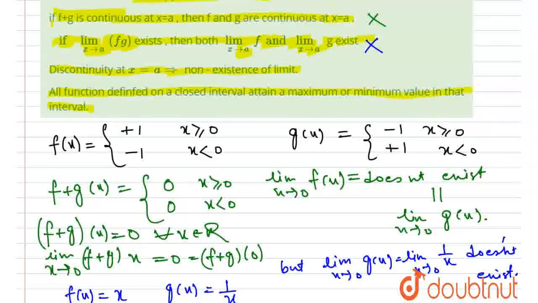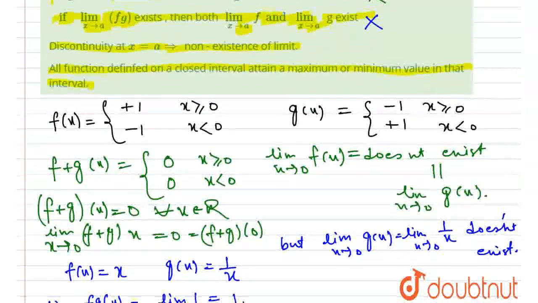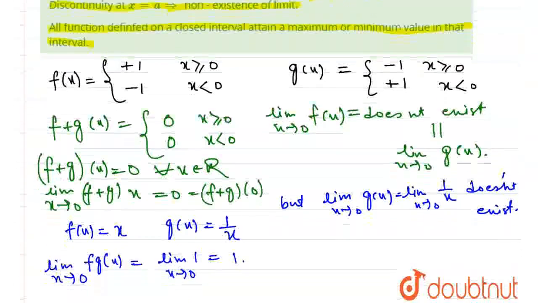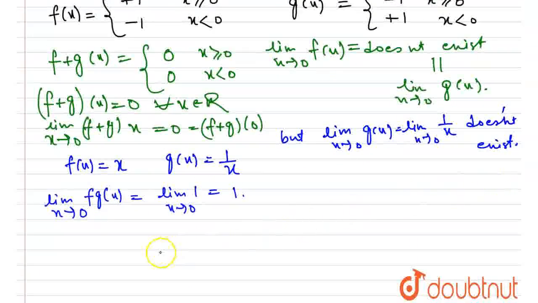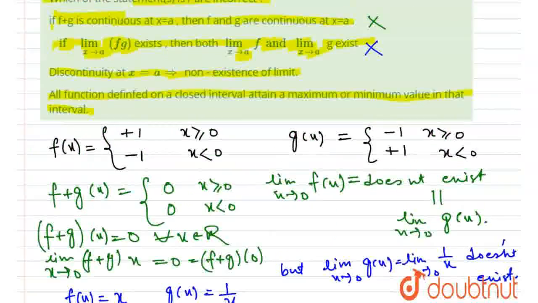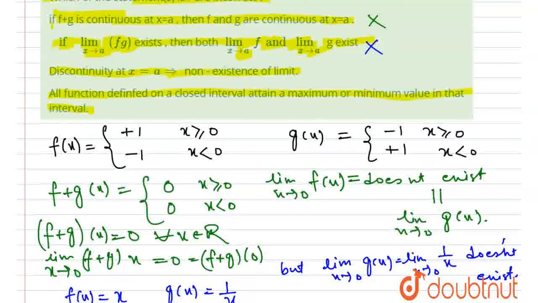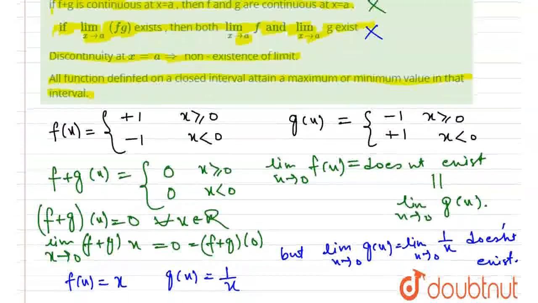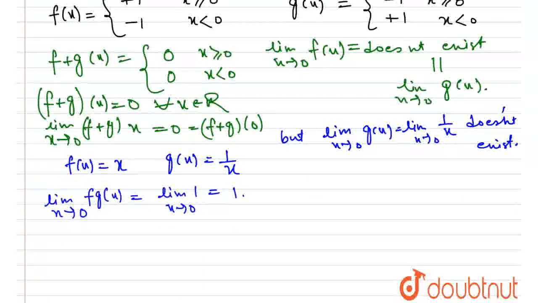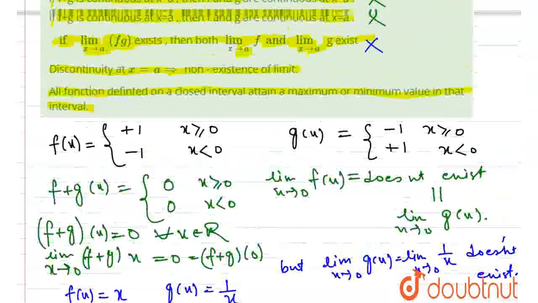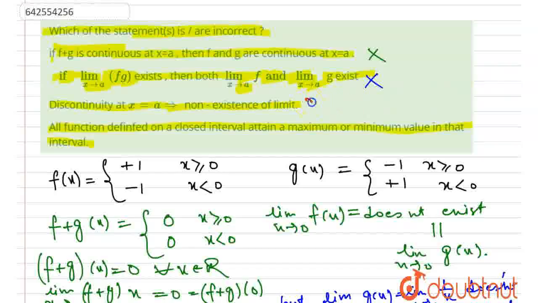Let's look at the third statement. Discontinuity at x equals a implies non-existence of limit. So that is not the case. If the discontinuity is of a removable type, then what happens is the limit exists.